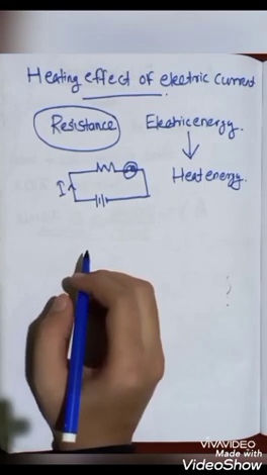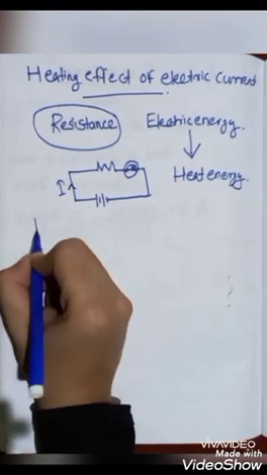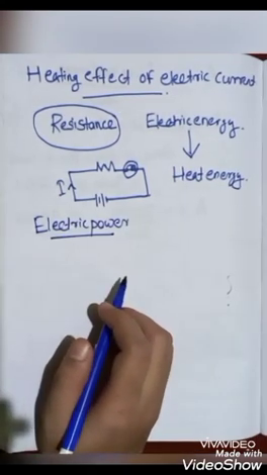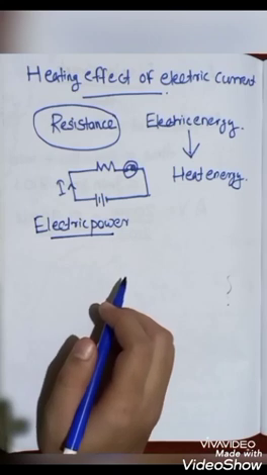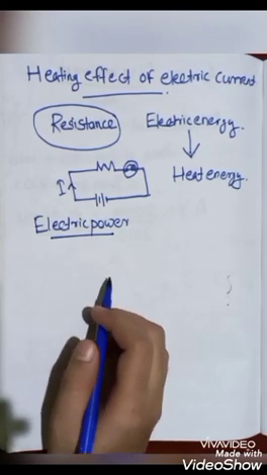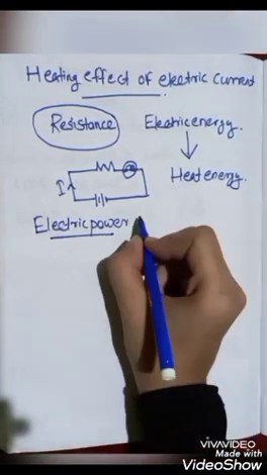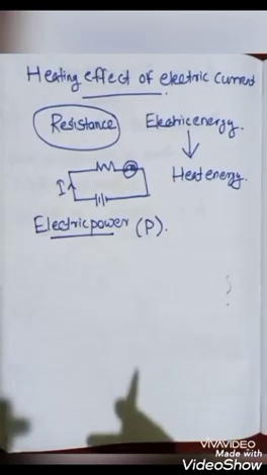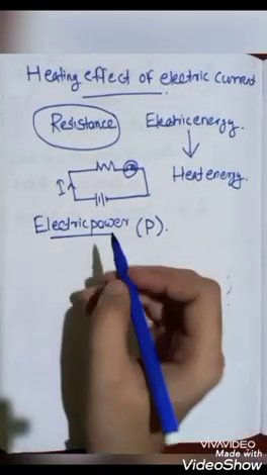What do you mean by electric power? Electric power is the rate at which electric energy is dissipated or consumed in an electric circuit. Electric power is denoted by the letter P. It is the work done by time.